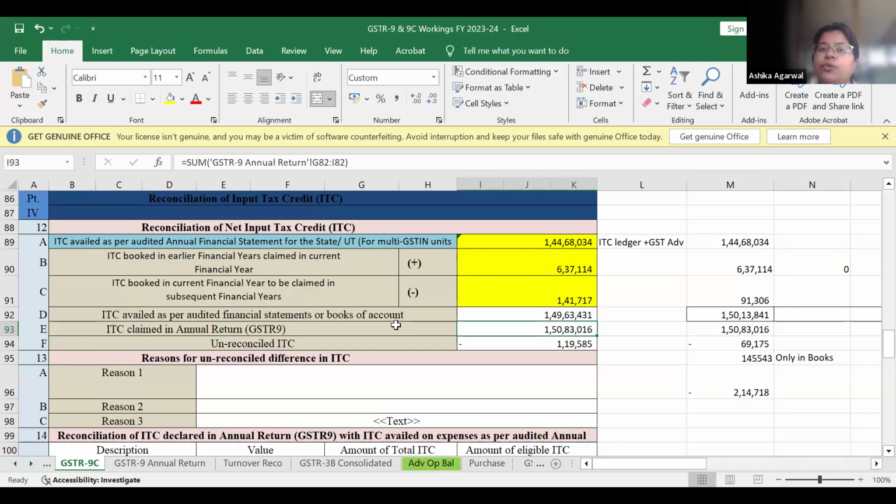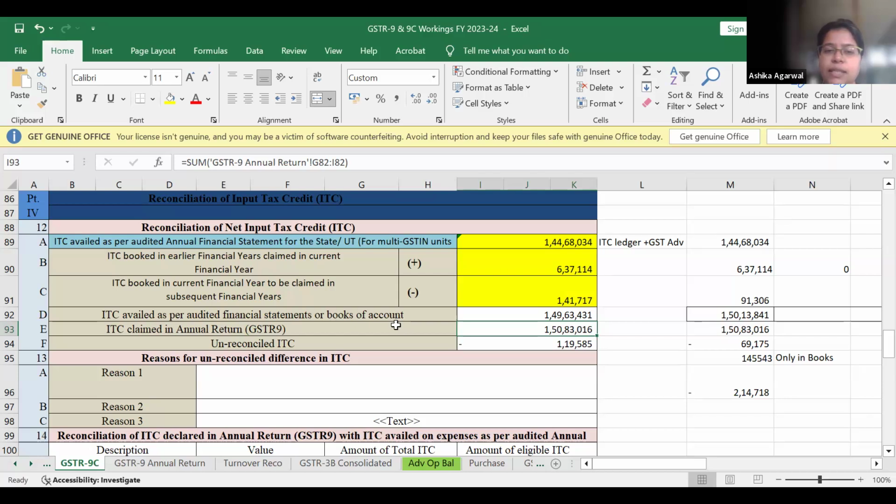It can be a case you might have recorded the ITC and it was not reflected till November 24. Obviously that ITC will get lapsed because the time limit to claim the ITC is lost. It's over. So it can be a case of ITC only in books, not reflecting in GSTR-2B. Second scenario, it may be a case that ITC was reflecting in 2B, but you missed out to account for it in 23-24, which we see only on the portal.